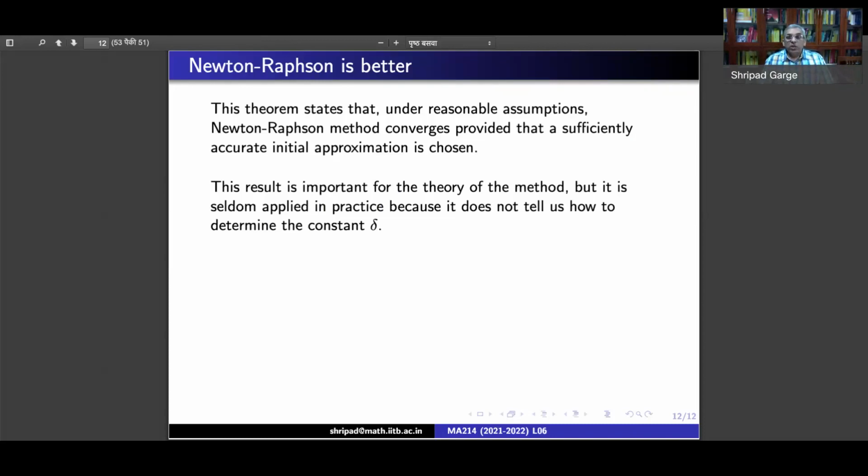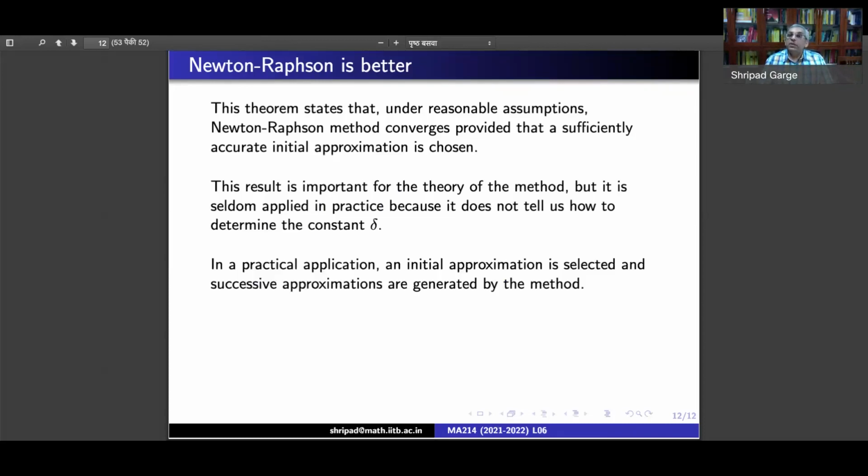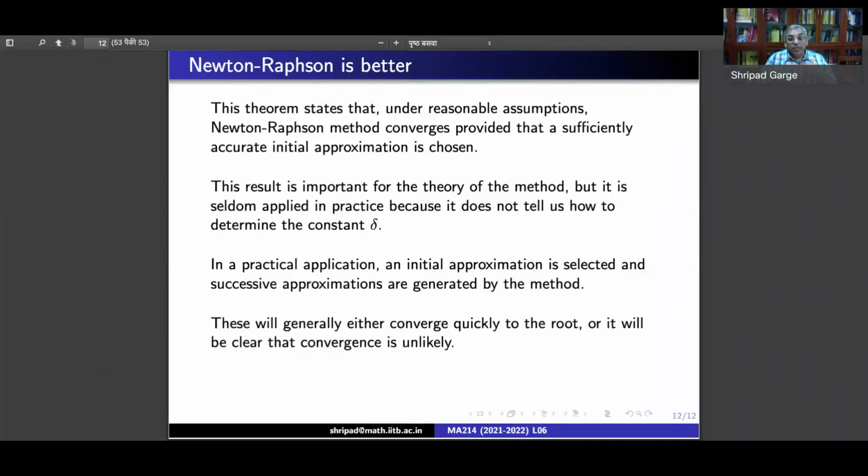So in practical applications, what we do is that we just choose an initial approximation which looks close when you look at the graph, and then we generate successive approximations. Either you will get a quick convergence to the root, or the convergence will be unlikely, and that will be very clear in the first few steps already.